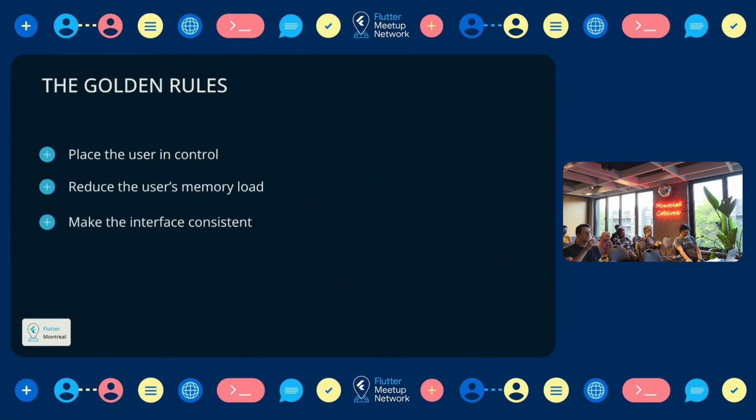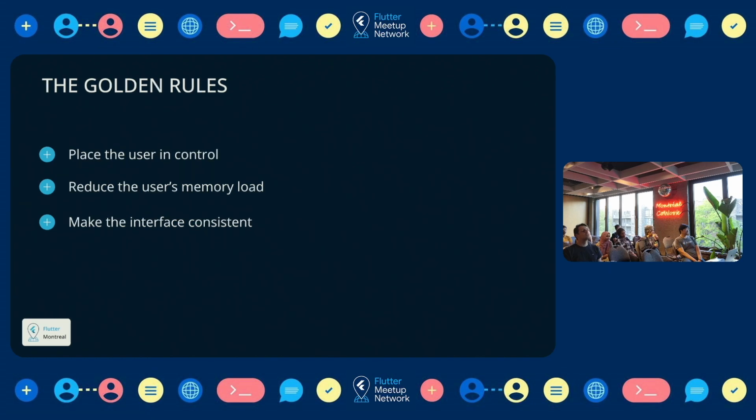There are three golden rules. The first one is place the user in control. The user has to control everything that they can see in your application. Reduce the user's memory load. The user shouldn't think about anything.